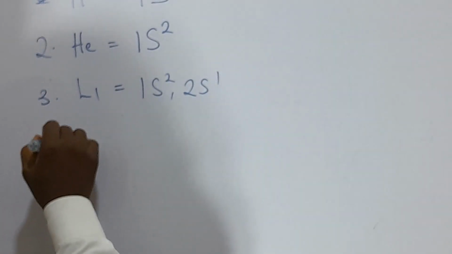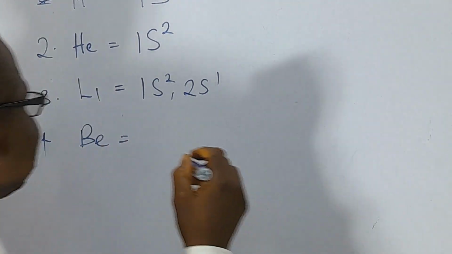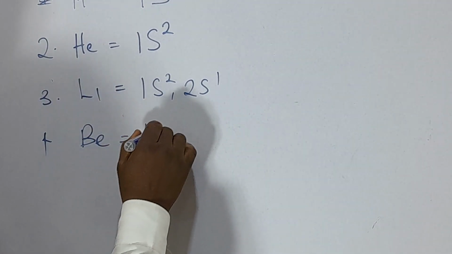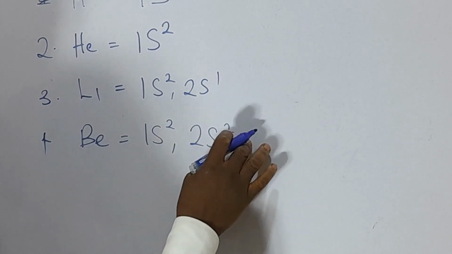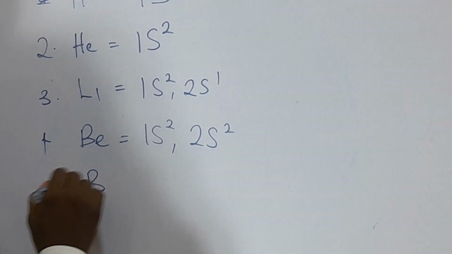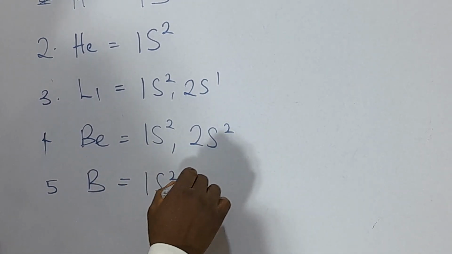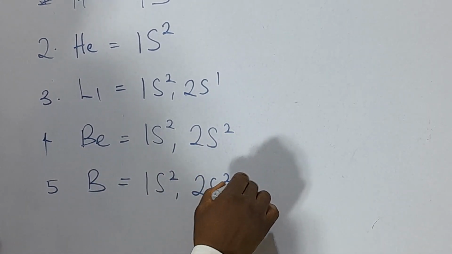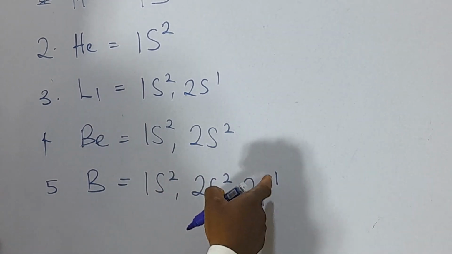Number 4, beryllium: we have 1s2, 2s2. 2 plus 2 gives us 4. Number 5, boron: just follow me quickly. 1s2, 2s2, 2p1. 2 plus 2 plus 1.